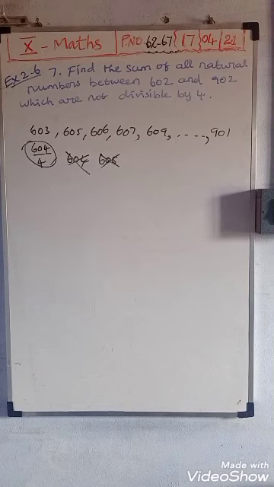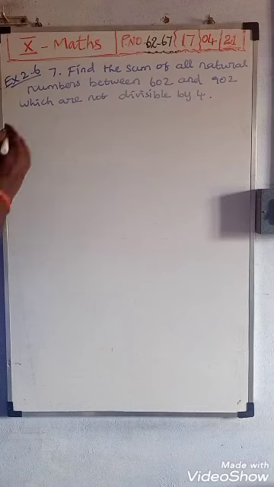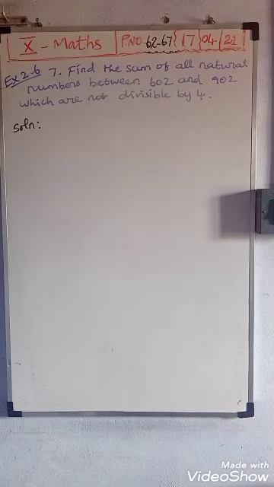Here we cannot apply that formula. So first we want to add the whole numbers, 603 to 901. Up to that you should add first.